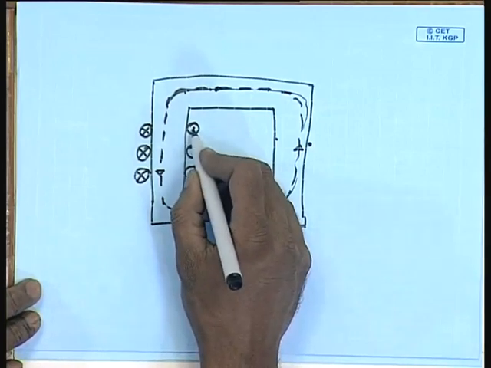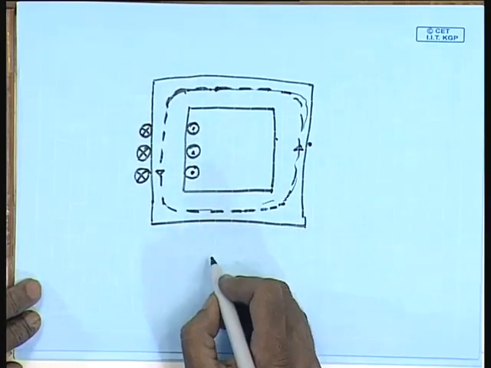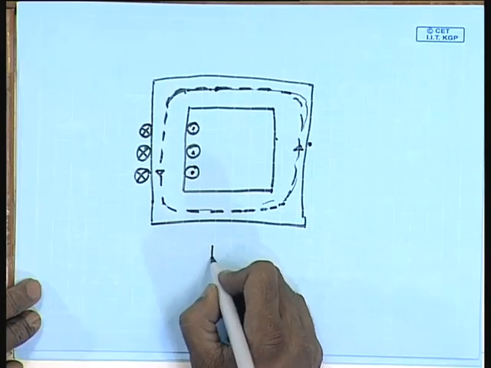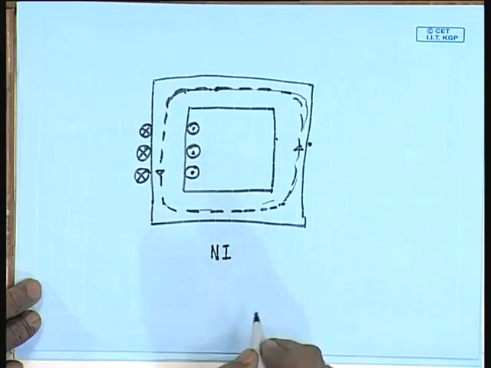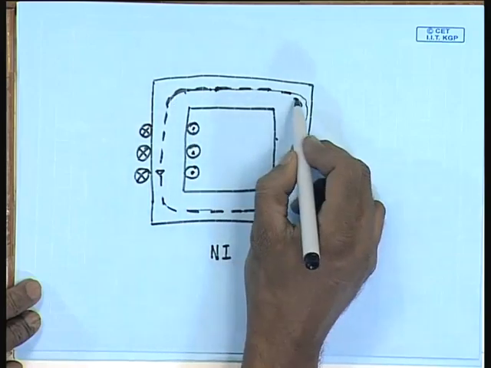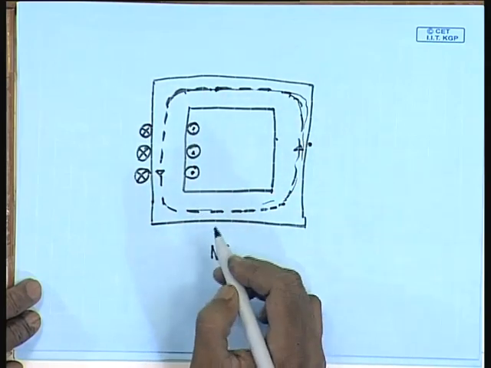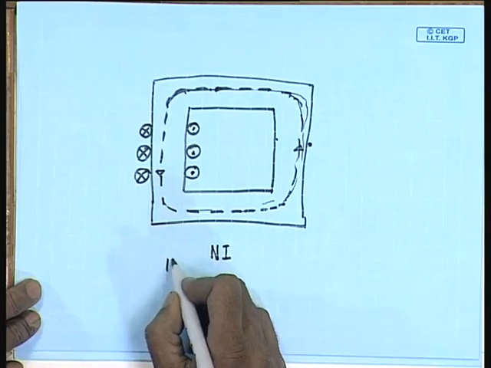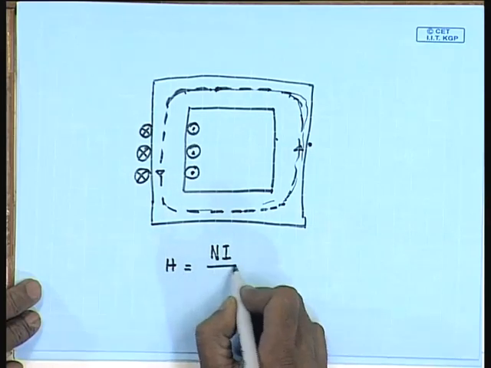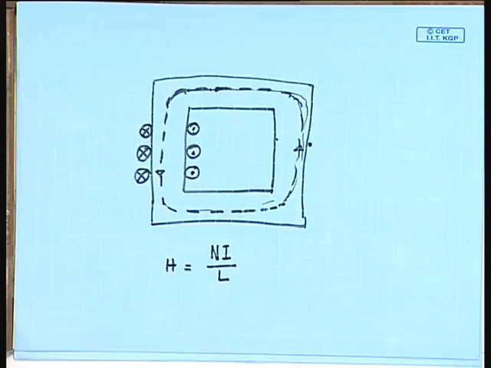If there are a total of N conductors carrying current I, then the total current enclosed is Ni, and if the mean length of the path through the core is L, then H is given by Ni by L.